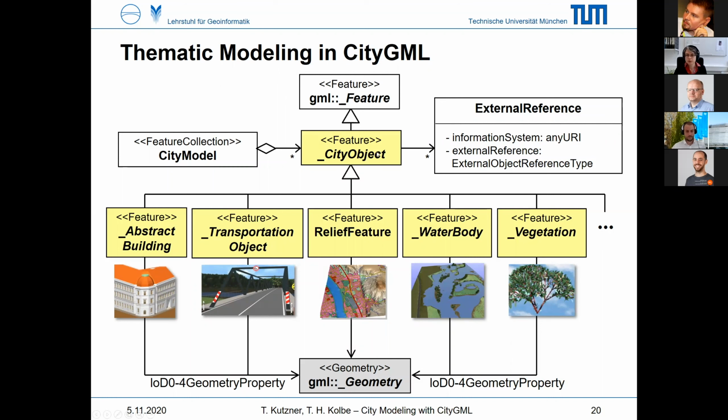And all objects can also be linked to an external reference. So for example, to an external information system. For example, you have information on an object, maybe in the cadaster or so, then you can link your object to this cadaster. And we also see here that all objects have a geometry, and we can represent the objects in various geometries and various level of details.